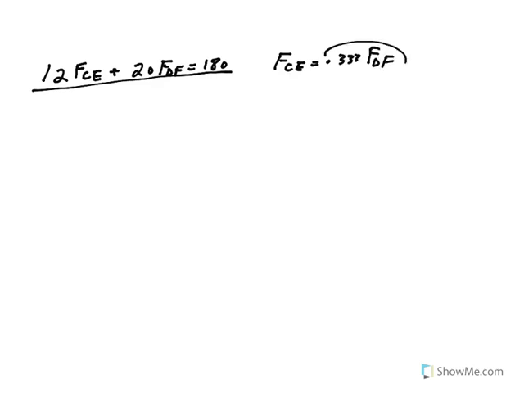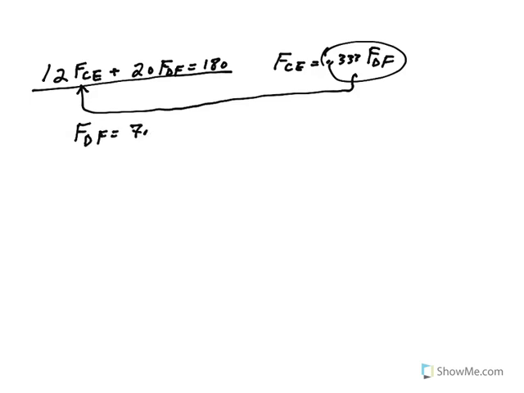So just a simple substitution here, and you solve for FDF and FCE. Here they are. FDF should come out to be, if you keep it in kip, which was the case, 7.5 kip, and FCE, remember, a third of this, so it would be 2.5 kip.